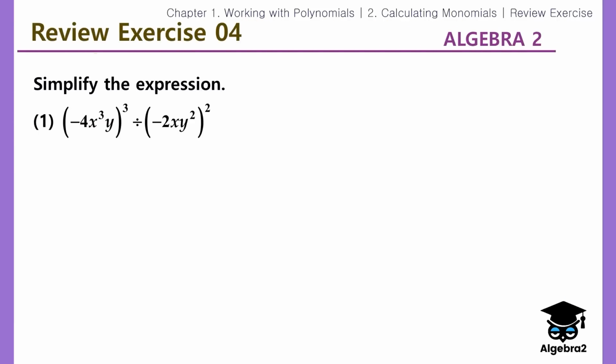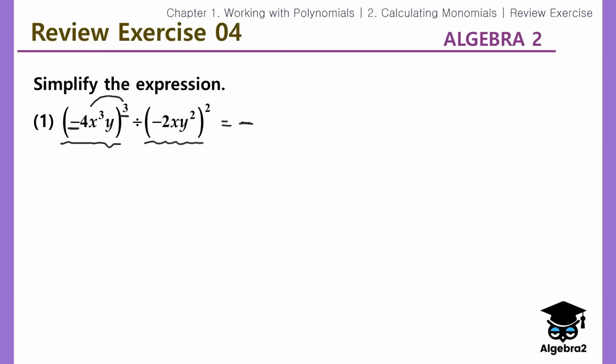Review exercise number 4. Let's simplify these expressions. For number 1, what we have to do first is we're going to have to eliminate these parentheses, right? So let's do that. Negative is multiplied 3 times. That's negative.